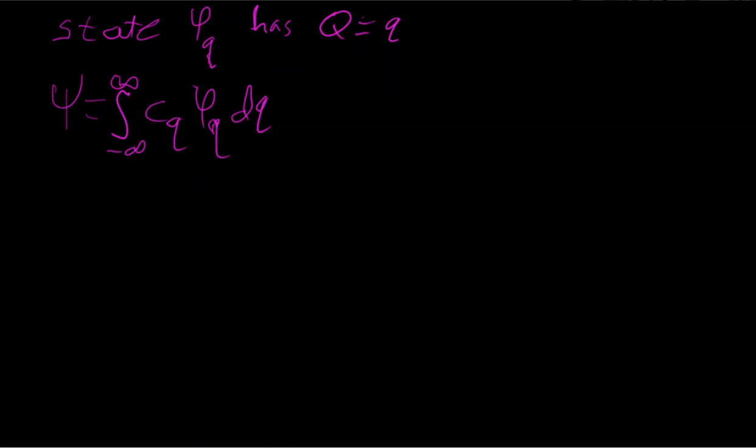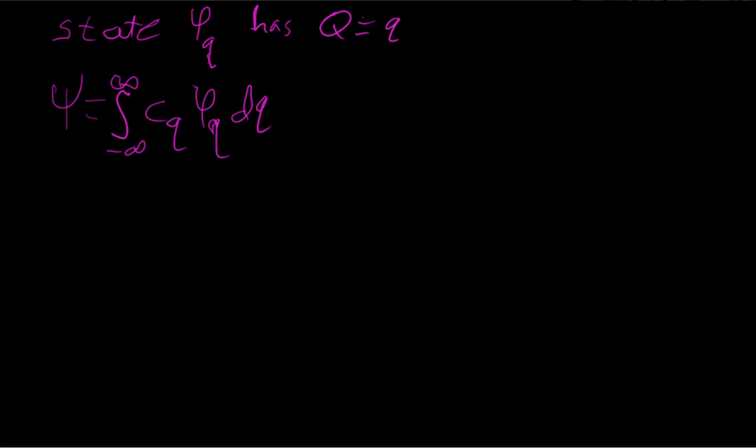There's nothing else it could possibly be. So adding from negative infinity to infinity is the same way of writing, for the discrete case, a sum over j. That just means over all possible values of j. Here, adding up from negative infinity to infinity encompasses all possible values of q.